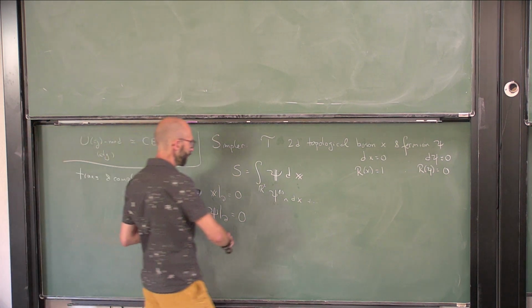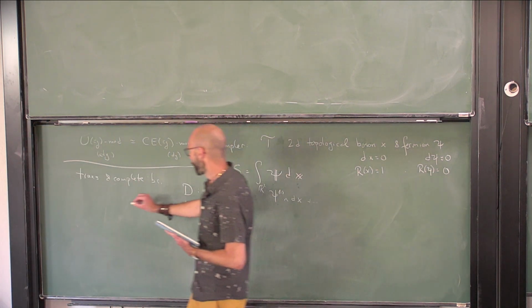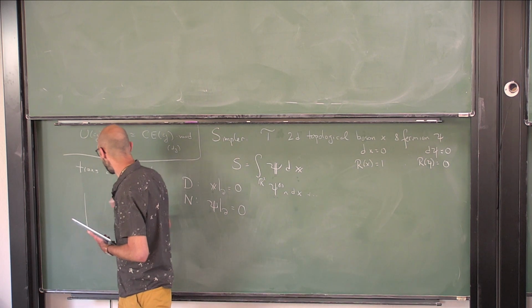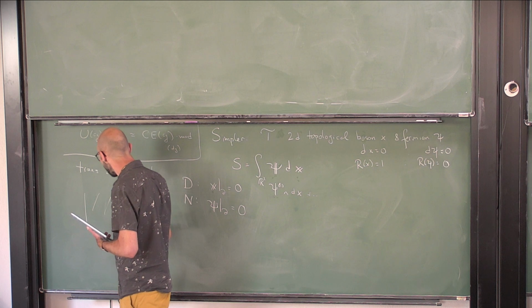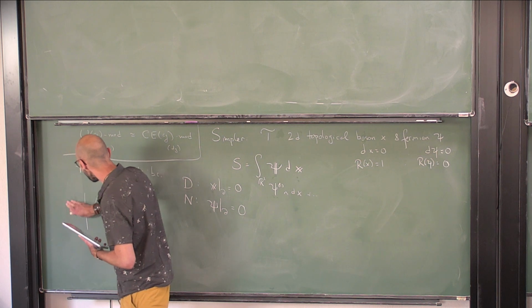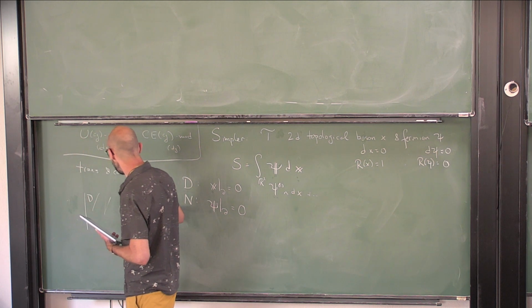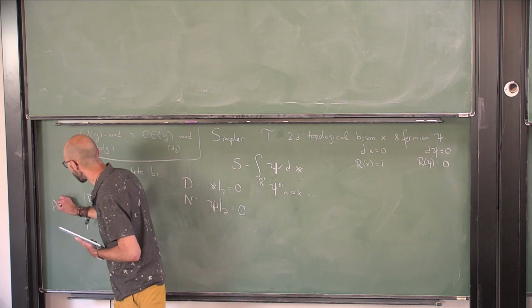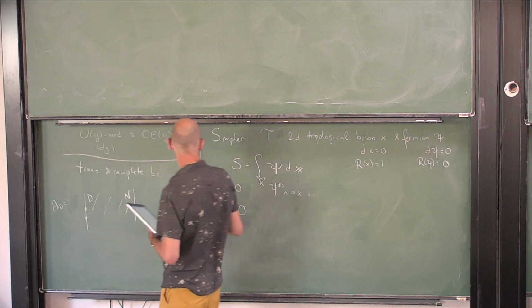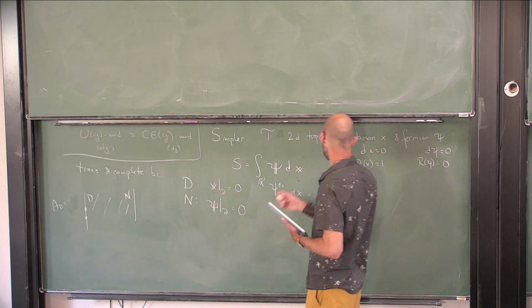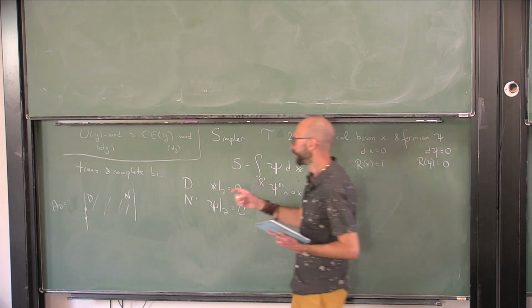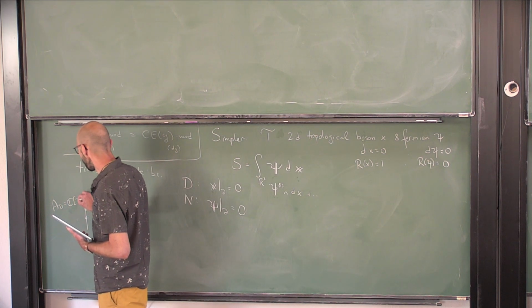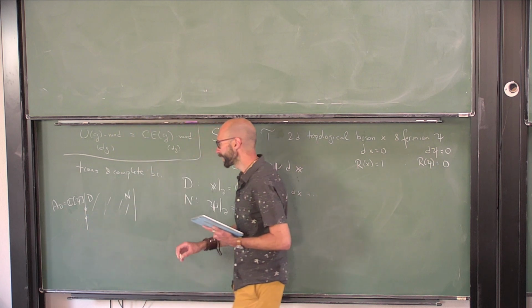And then the algebra of operators on Dirichlet, since the boson has been set to 0, is just polynomials in the fermion.